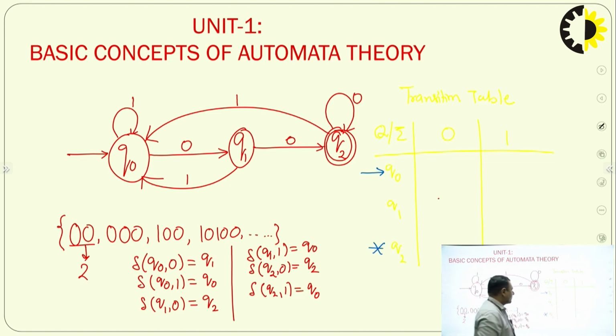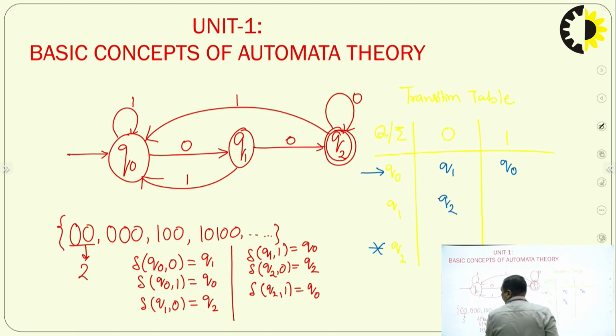So at Q0, on 0 we will move to Q1. And when we apply 1 on Q0, we will remain on the same state Q0. Similarly, for 0 on Q1, we will move to the Q2 state.